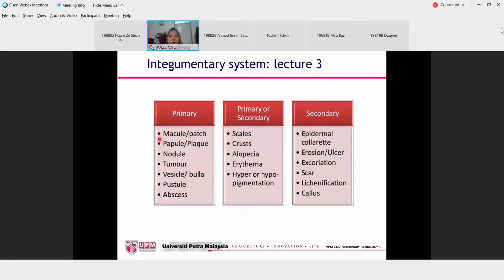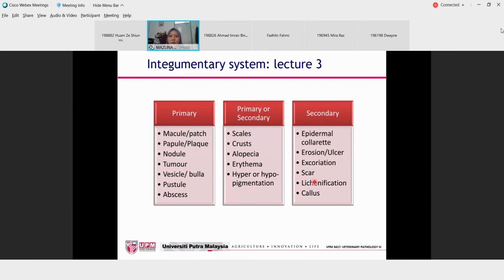In some references, the primary skin lesions include macule, patch, papule, plaque, nodule, tumor, vesicle or bulla, pustule or abscess. For secondary, they put epidermal collarette, erosion or ulcer, excoriation, scar, lichenification and callus.